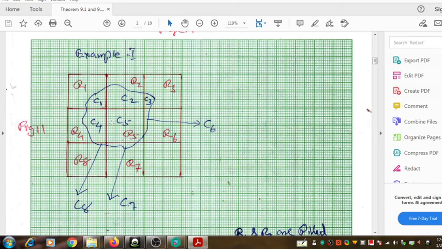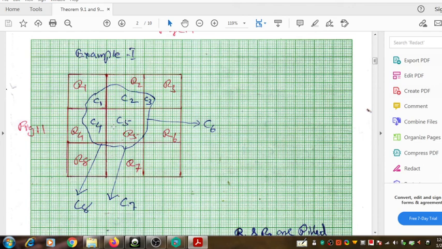Thus there are 8 subsets of the set C. Any two of these subsets have no intersection, and their union is the whole set. So it's a kind of partition of the set C.